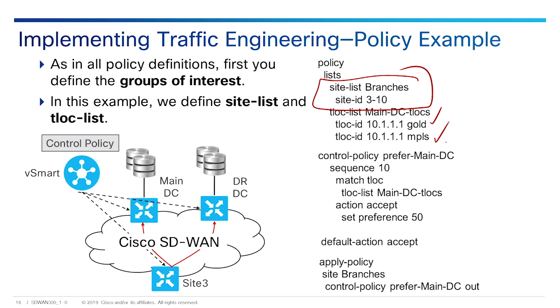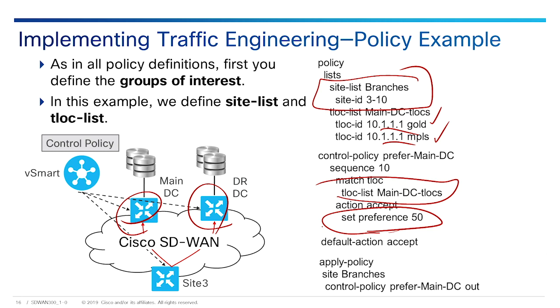And then what we're going to do is, those are the main DC TLOCs, so those are the TLOCs for these 2 sites. Okay? And we're going to say match the one for the main data center, accept it, and set its preference to 50. Remember, the default preference is 0, so 50 is better. All right? We're still going to accept the other advertisement, but at the default preference, okay, as we apply it.